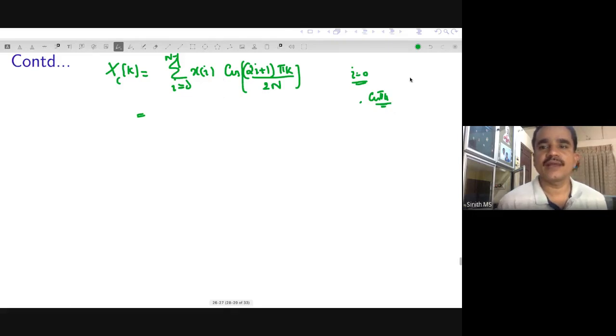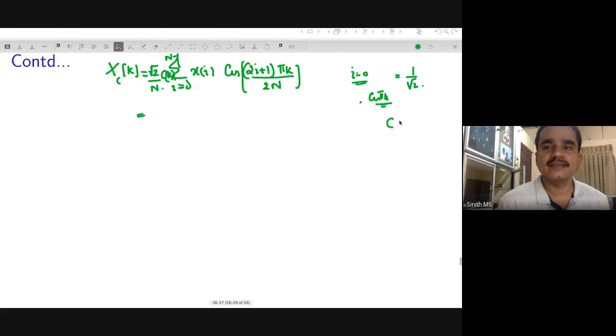And for i equal to 0, you will put a 1 by root 2 here, and a normalization factor of root 2 by n will also be here. So you'll have a c k term here, which can be taken outside.